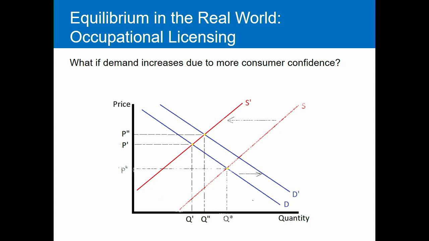So massage therapists, in states that have a license, which is now like 44, 45, they earn 16% higher wages, we found, than massage therapists that work in unlicensed states. So because these are services, consumers are bearing that cost. So prices are about 16% higher.